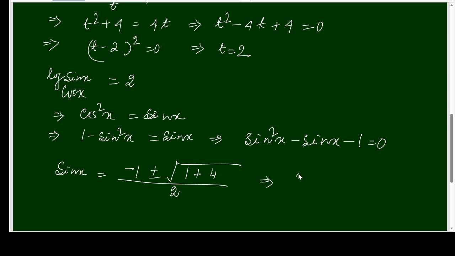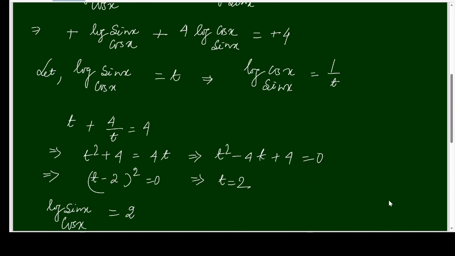Sin square x, oh it's plus sin x, I made a mistake. Sin square x plus sin x minus 1 equals 0, so it will be negative 1 plus minus, this is correct. So sin x equals to minus 1 plus minus square root 5 over 2.